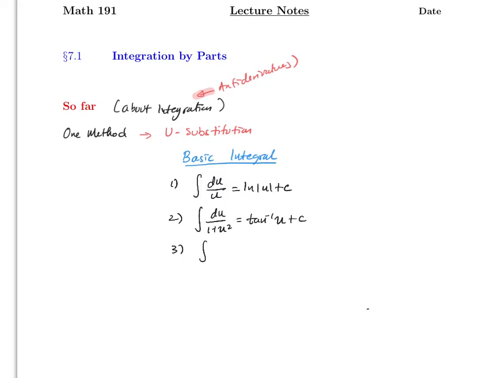Number three, the integral of e to the u du is e to the u, which is probably the easiest one. Number four, the integral of u to the n du is equal to u to the n plus 1 over n plus 1.